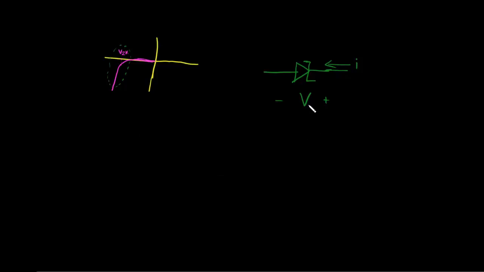So this is VZ. As the voltage goes beyond VZK in the negative direction, there will be a sudden rise in current, but the voltage across this diode will remain constant. So this Zener diode can be used as a voltage regulator in circuits, and drawing the equivalent circuit for VZK, we get something like this.